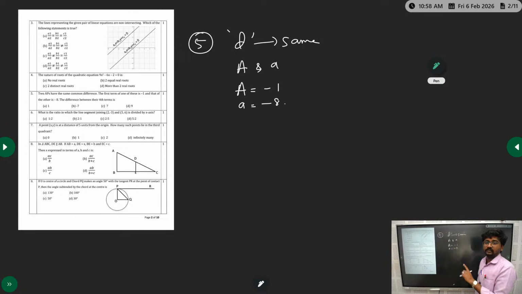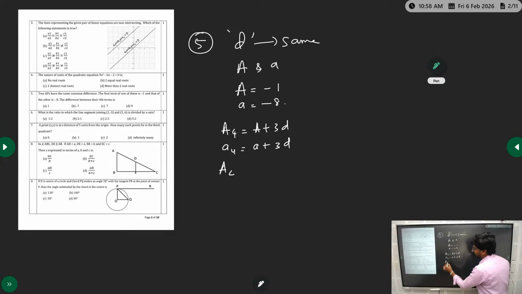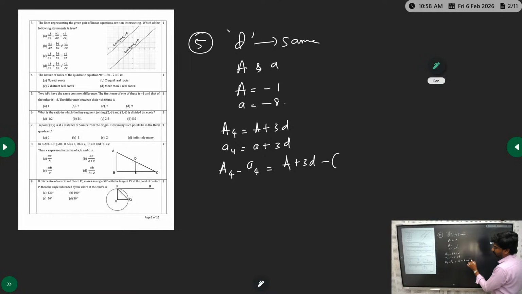Then what is the difference of the fourth terms? How do you write the fourth term of an AP? a4 can be written as a plus 3d. When you do the subtraction, A4 minus a4, what will you get? A plus 3d minus of a plus 3d.